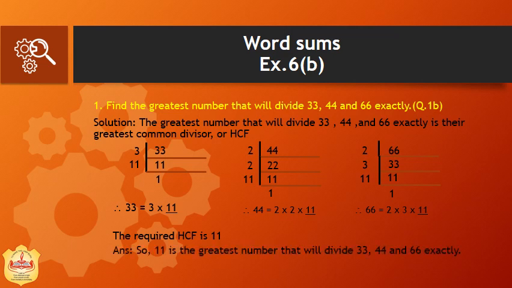Therefore, 11 is the greatest number that will divide 33, 44 and 66 exactly. So this is the answer of the question. I hope you have understood the solution of this word sum. So let us move to the next question.